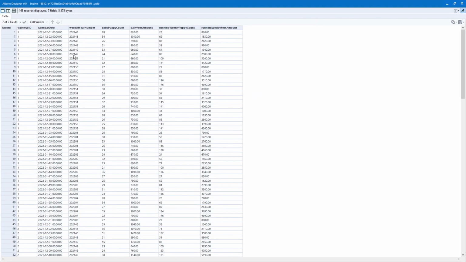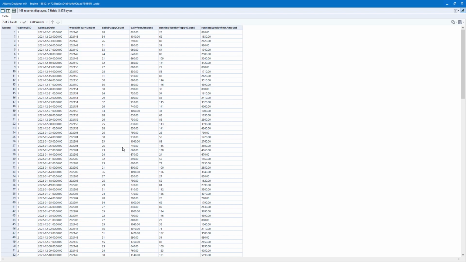So this is my roll up to the weekly or my daily summary fact, where for our trainer we have the calendar date, the number of puppies that they trained that week, the amount of fees that came in that week, and then we've rolled it up on a running weekly basis so that Monday through Sunday we can accumulate up, and then it starts again on the next Monday.